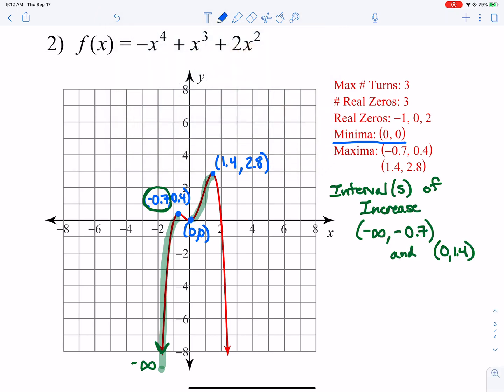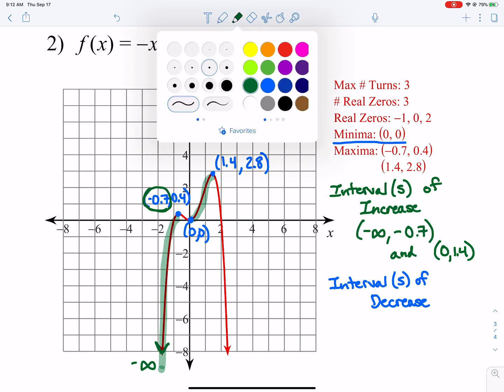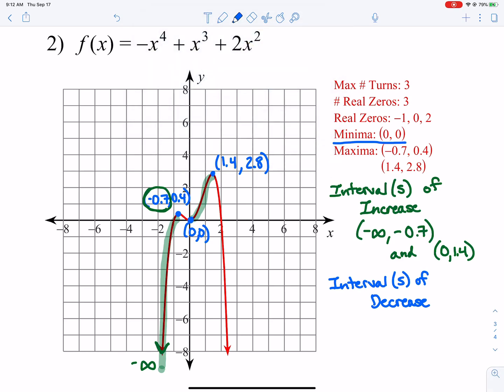Now let's write the intervals of decrease. And there can always be more than one of those as well. So we're going to look at the intervals that are going down from left to right. So this little interval in between negative 0.7, so that x value, to 0. So negative 0.7 to 0.